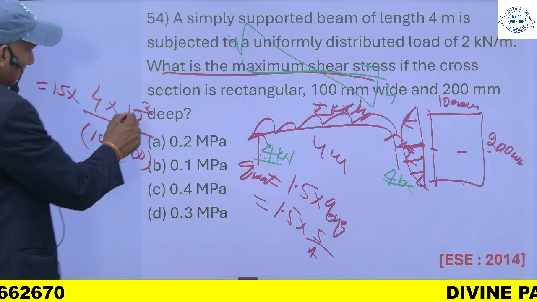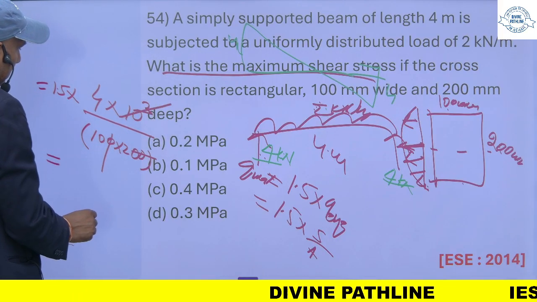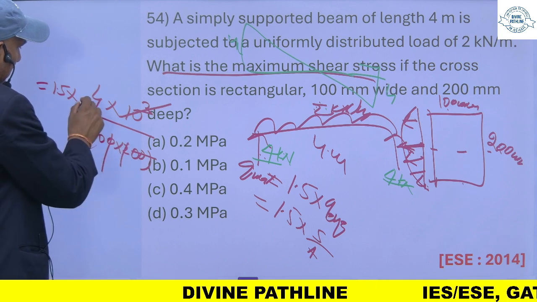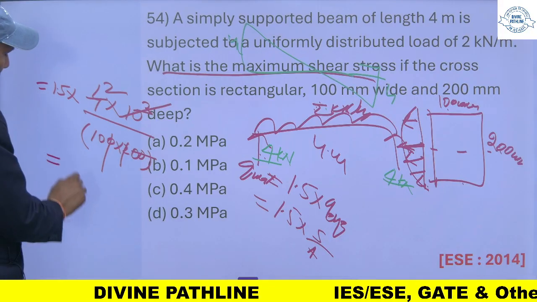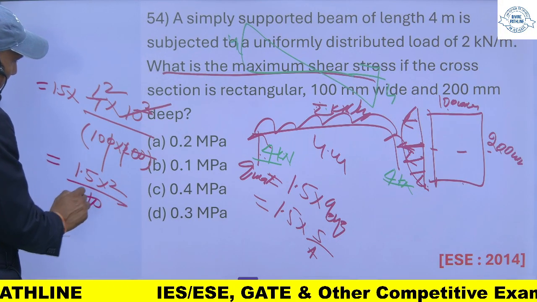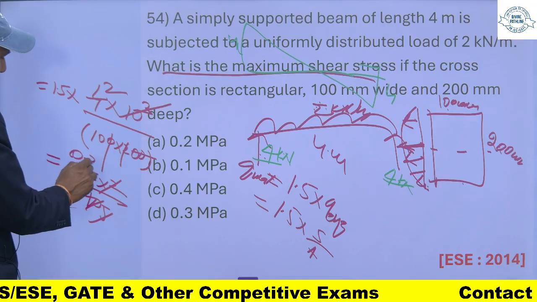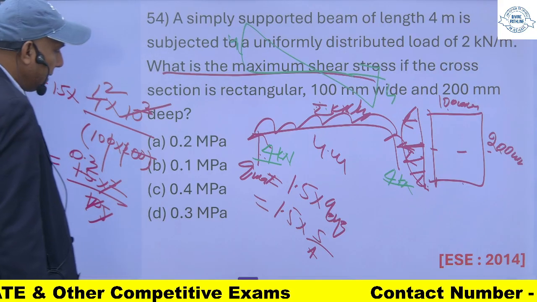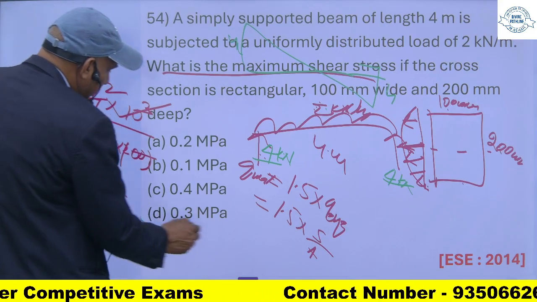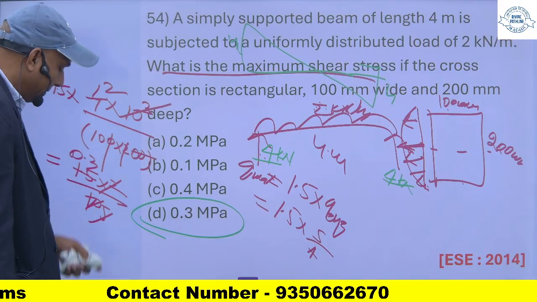So this is 1.5 into 2 upon 10. It will be 0.3 Newton per mm square, or you can say 0.3 megapascal, because 1 megapascal is 1 Newton per mm square.